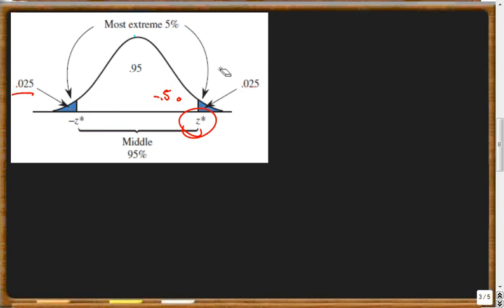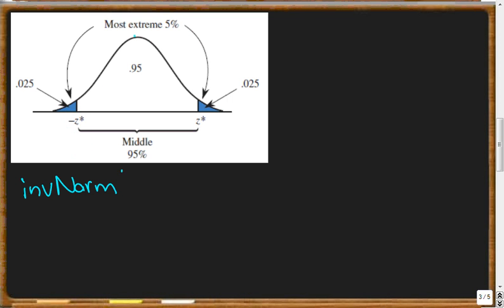So we can go about this problem in a couple of ways. First off, I think this would be the easiest to find, because the inverse norm feature that we have is going to count up to a certain point.